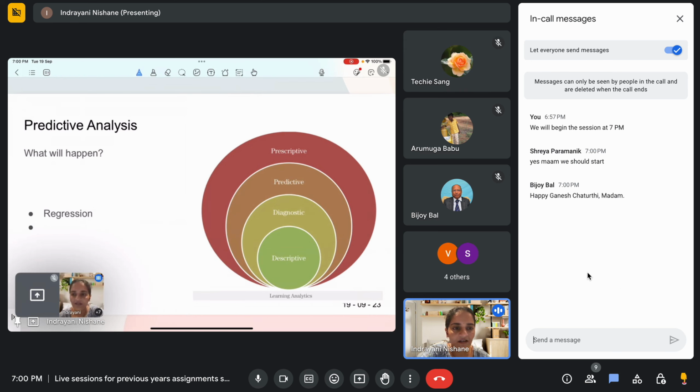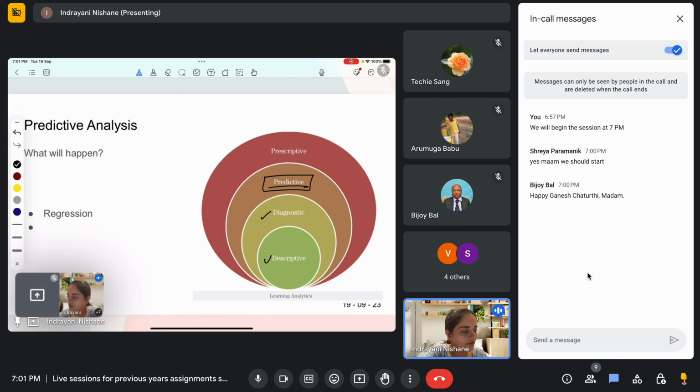Okay, so we'll just quickly revise that we are now in the predictive analysis cycle. We saw descriptive analysis, diagnostic analysis, clustering and correlation as part of diagnostic, and now in predictive we will mainly be seeing regression, different types of regression.